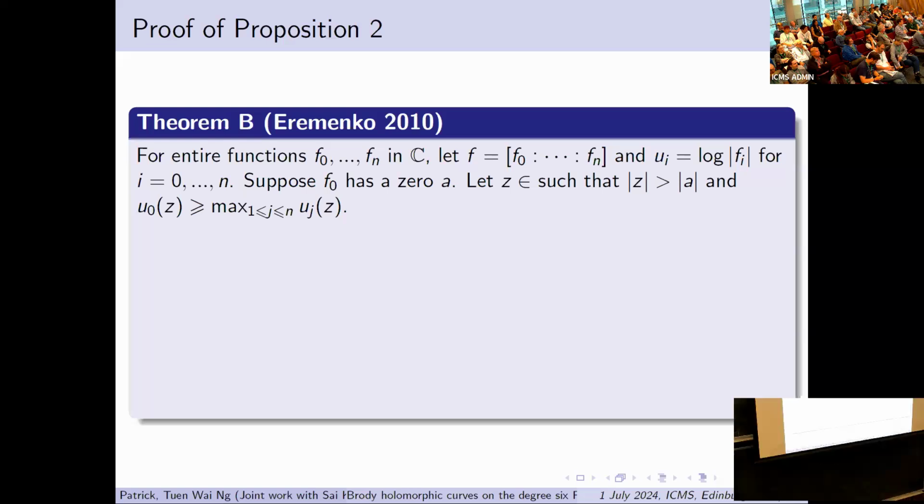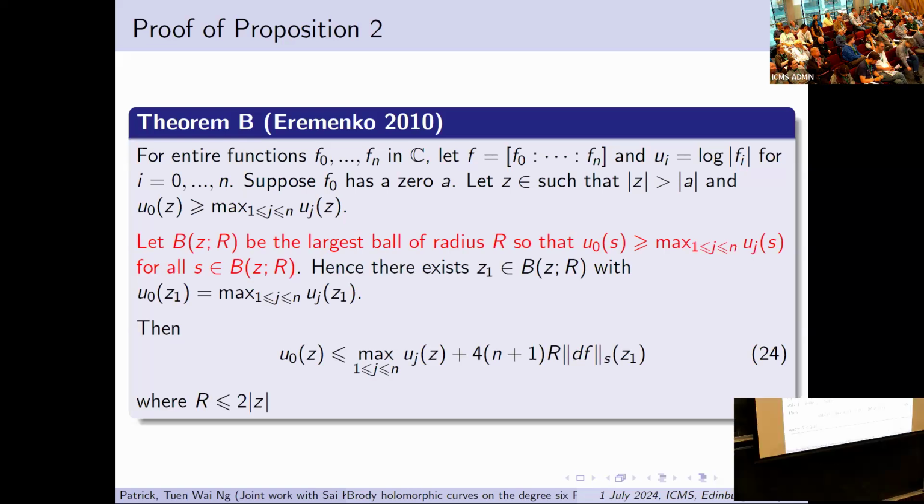So his conclusion for this result is the following. Fix this point, and then you choose the largest ball of radius r so that this inequality is satisfied on the ball with center z and radius r. You start with this point, and then you look at a ball with center z, so that for any point inside this ball you also have this inequality, and then you take r to be the largest radius.